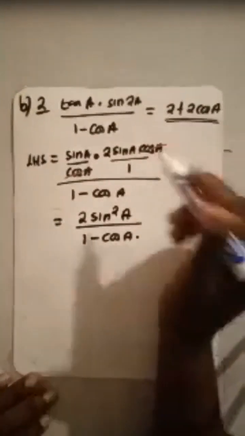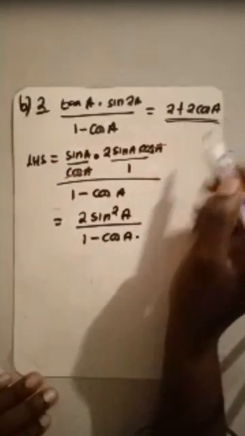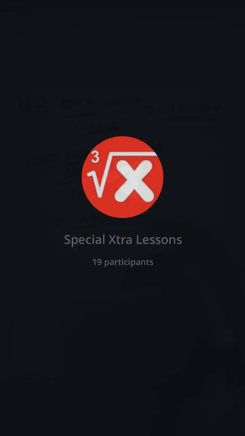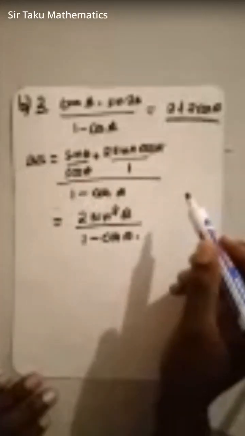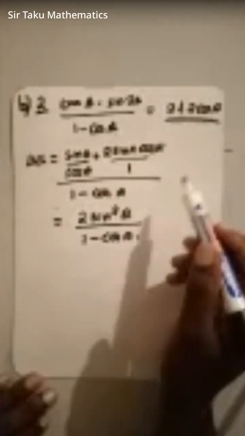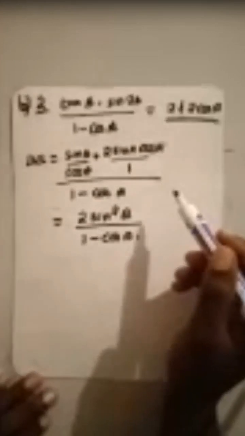So how am I going to go there? Guys, is there anyone who can tell me sine squared A in terms of cos?